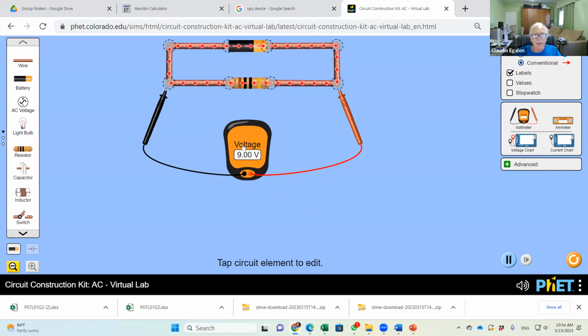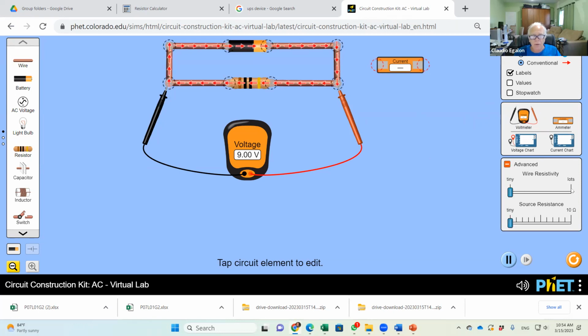Let's see. You can also measure the current with an ammeter. It's written ammeter here. Let's see if they have wire resistivity. No. Yeah, unfortunately, they don't have the multimeter here for us to measure the resistance of the device. But to measure the resistance of the device, what you have to do?